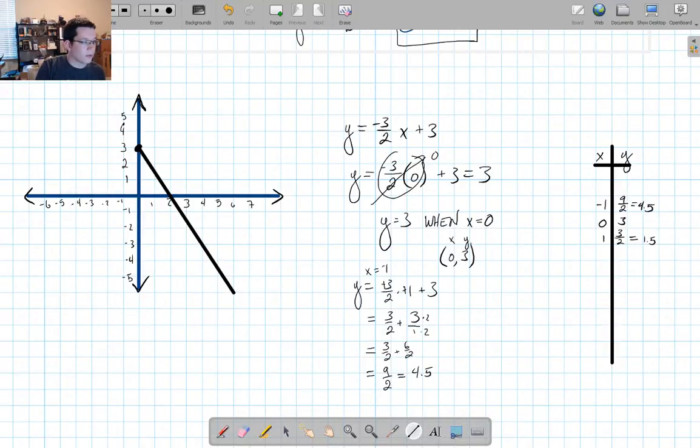And to go backwards, we'll just go over 2 and up 3. And that's our line. So that is one way to plot the line.